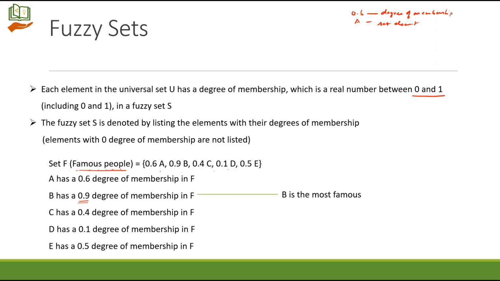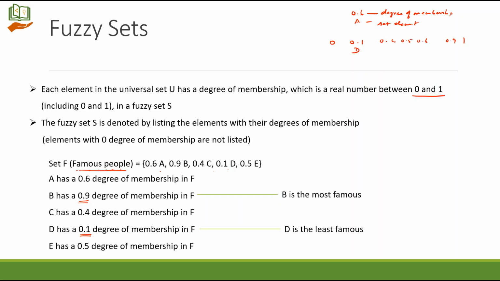Then who is the least famous here? D will be the least famous because it has the lowest degree of membership. Just take a scale between 0 and 1. You have 0.1, 0.4, 0.5, 0.6 and 0.9.